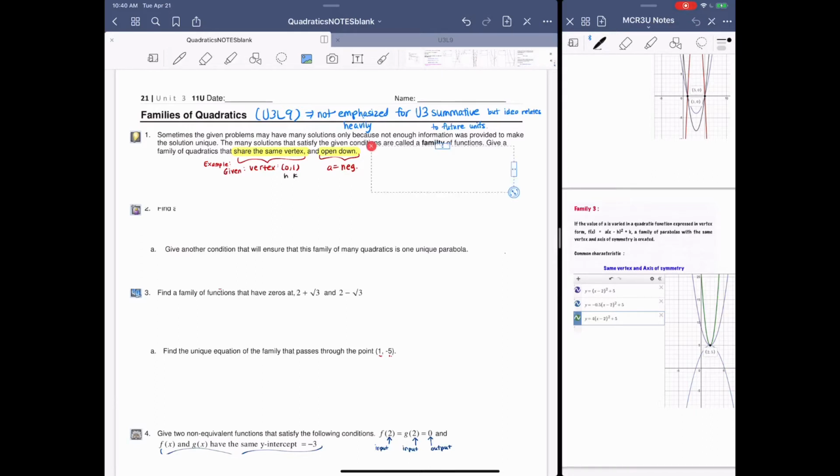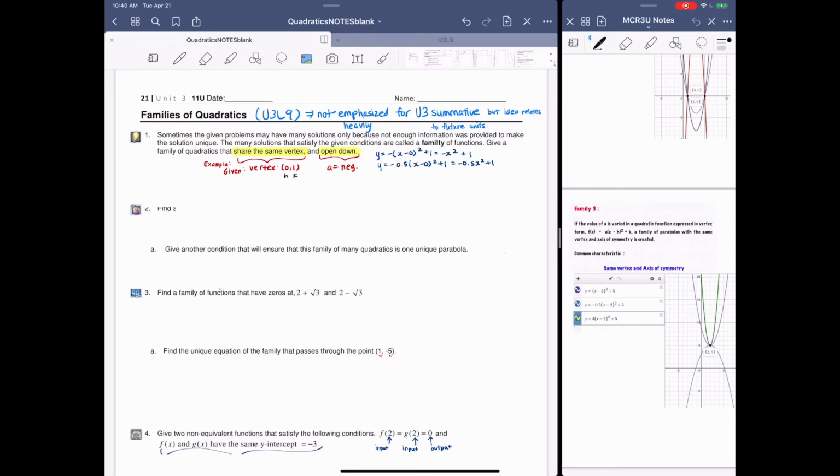So if I work that out, I should be working with my vertex form because I'm given the vertex. I am going to start putting values in. And when I put the 0 in for h and 1 for k, that equation simplifies to negative x squared plus 1. And then let's say I give you a different a value.